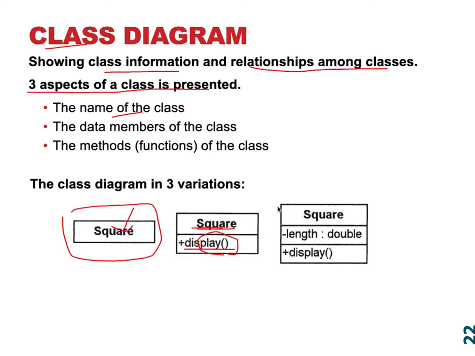Another variation is a class name, the data members, and then methods. All three are presented there. There's no combination of class name and data members only. No such variation exists. So these are the three variations of the diagram.